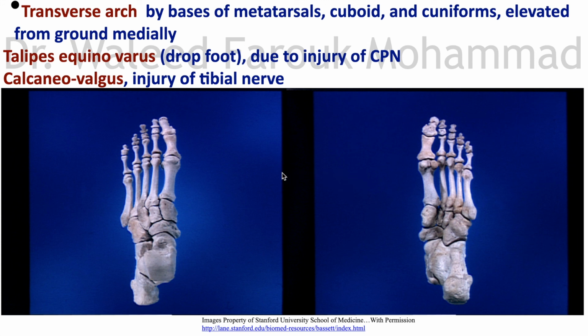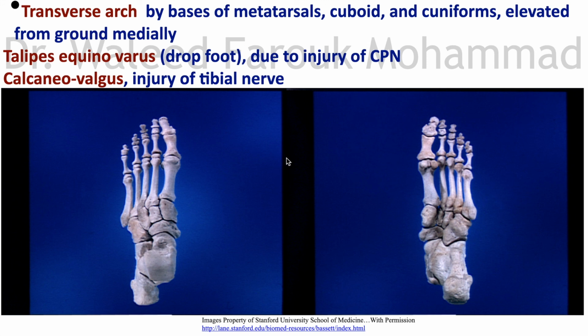Now we have two cases. Talipes equinovarus, which is the drop foot, in which there is injury to the common peroneal nerve. You will find this in motorcyclists. Very common, because they fall on the lateral side of the leg with a motorcycle, so it crushes the common peroneal nerve against the neck of the fibula, if not fracturing the neck of the fibula.